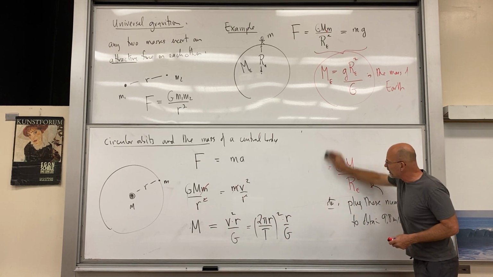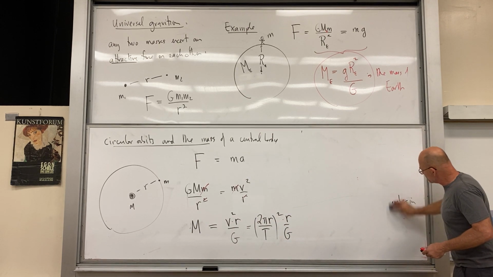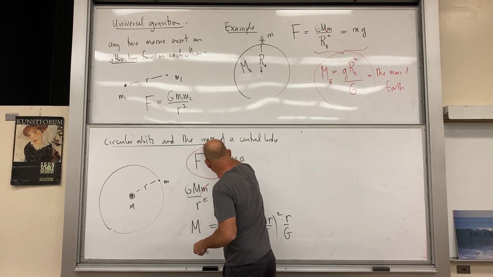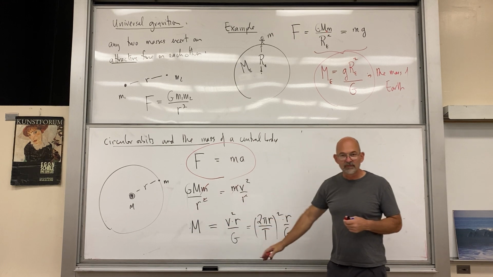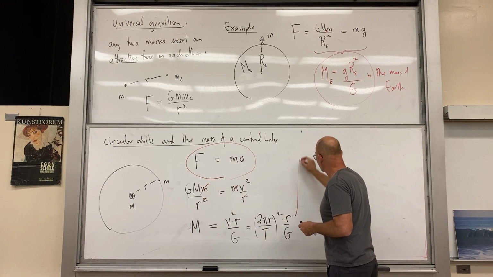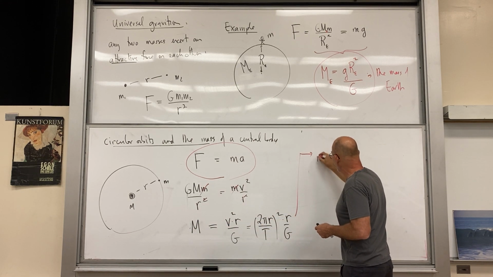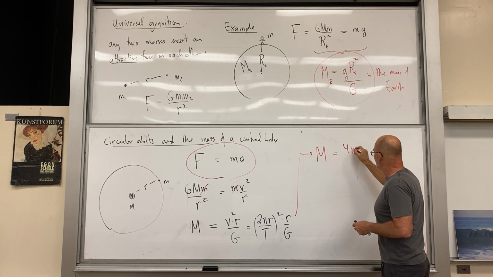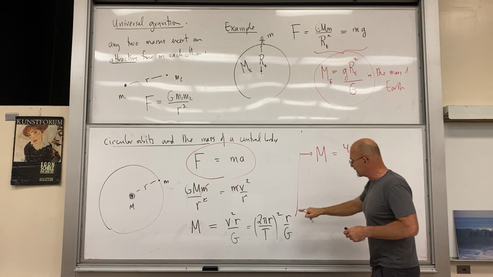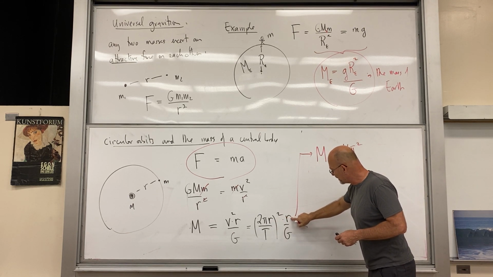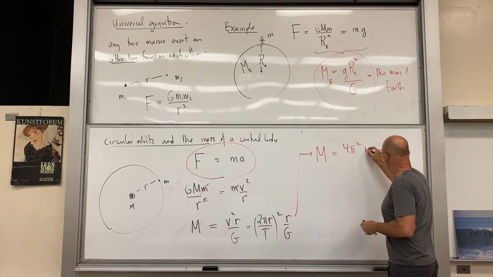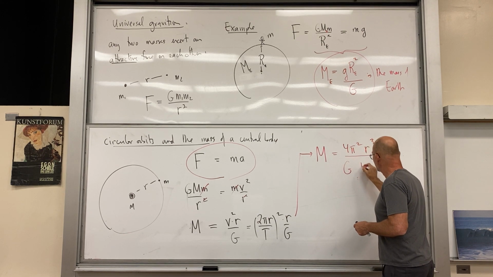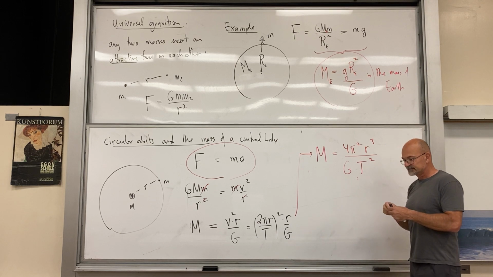So by the way, these are not formulas to memorize. What I'm showing is you can always start with this and work your way through. Okay, let's go ahead and see what we get here. So the mass of the central body is 4 pi squared, this is r squared times another r, so r cubed, divided by G times the period squared.